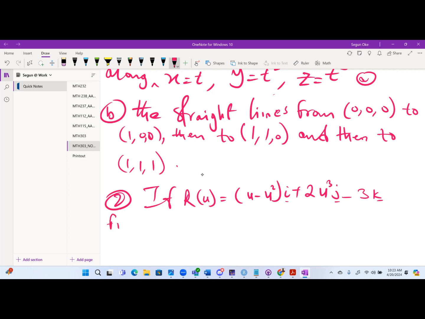So find A, the integral of R of U du, and B, the integral from 1 to 2 of R of U du.